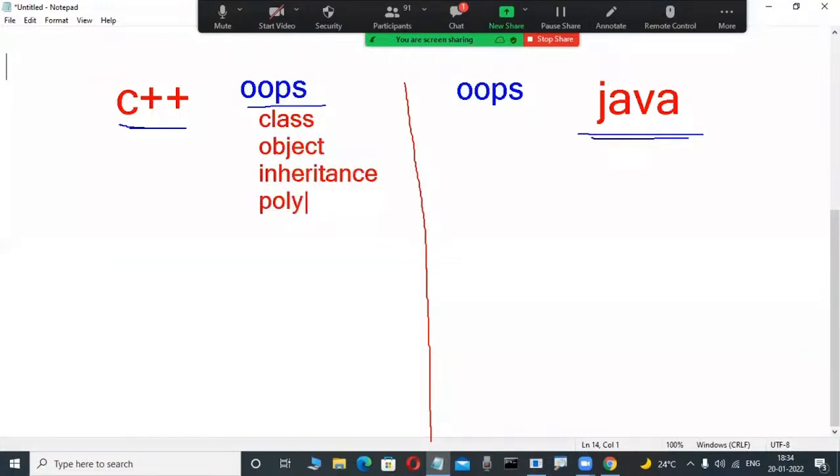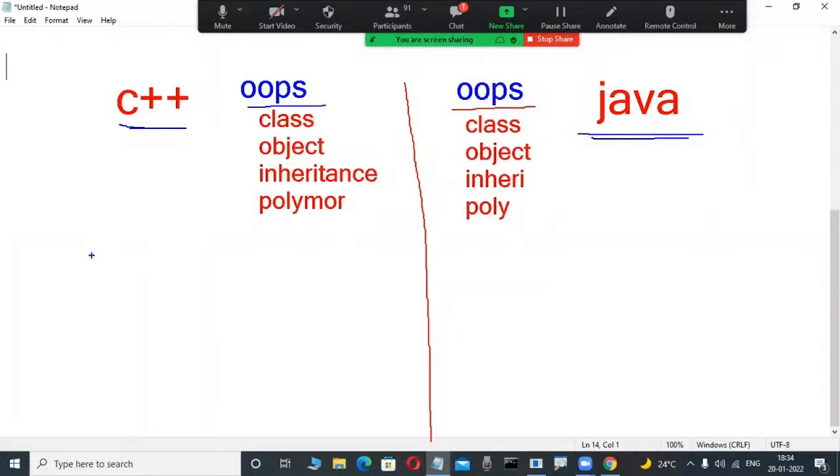Maybe so many fellows have an idea. The same is true in Java: what is a class, what is an object, what is inheritance, what is polymorphism. So conceptually class, object, inheritance and polymorphism are the same in C++ and Java, along with encapsulation and binding. But observe here.